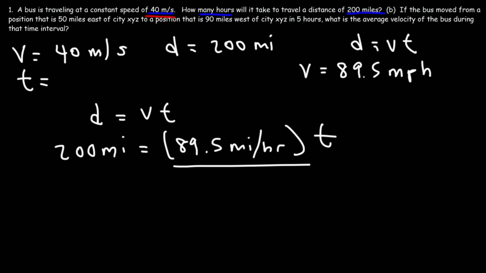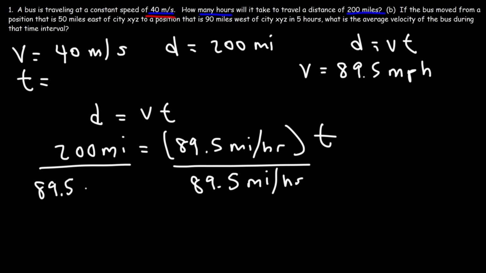So to get t by itself, we need to divide both sides by 89.5 miles per hour. 200 divided by 89.5 gives us this answer, 2.23 hours.